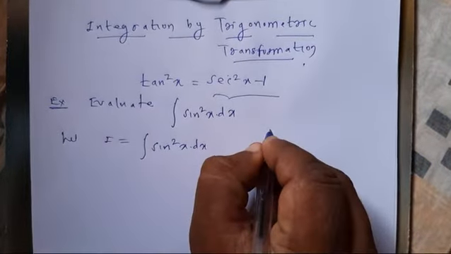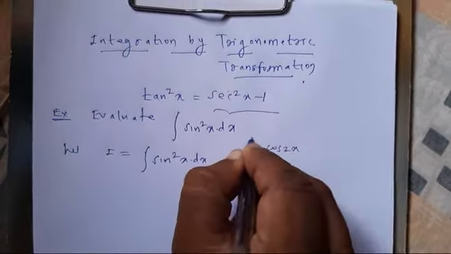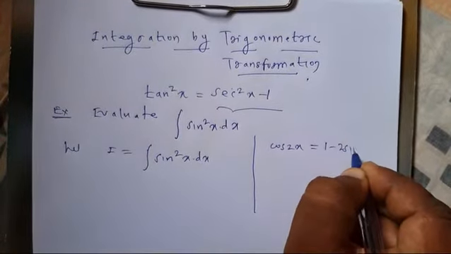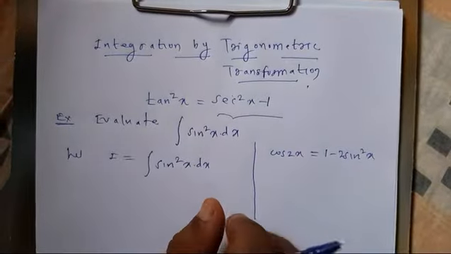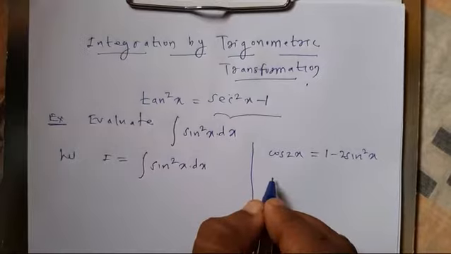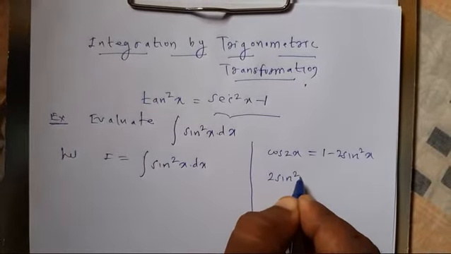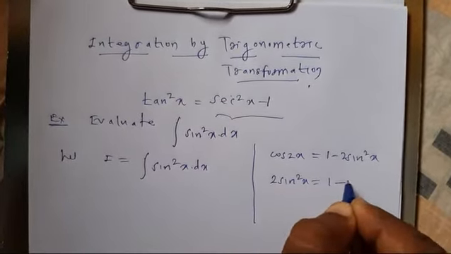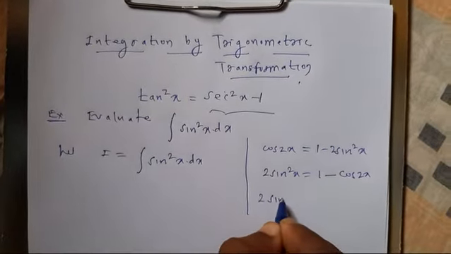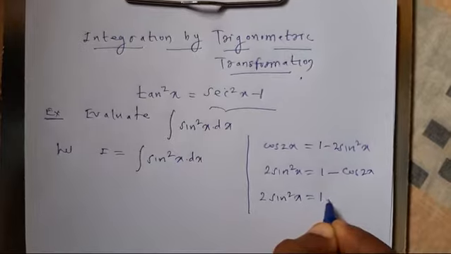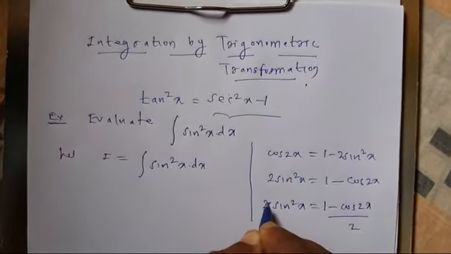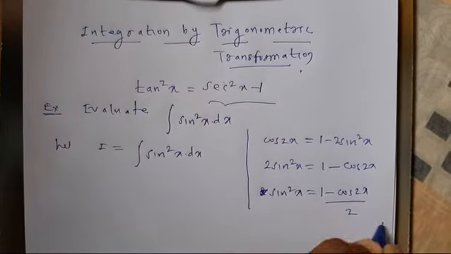So we know that cos 2x is equal to 1 minus 2 sine square of x. So here I will use this formula. So 2 sine square x is equal to 1 minus cos 2x, so sine square x equal to 1 minus cos 2x upon 2.